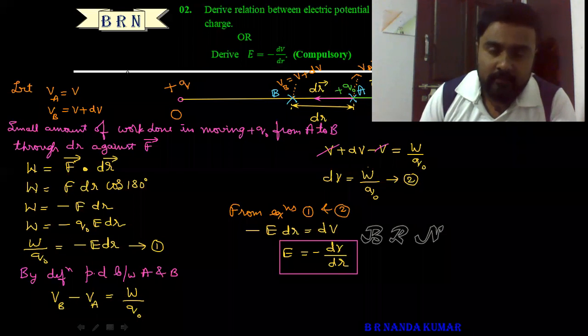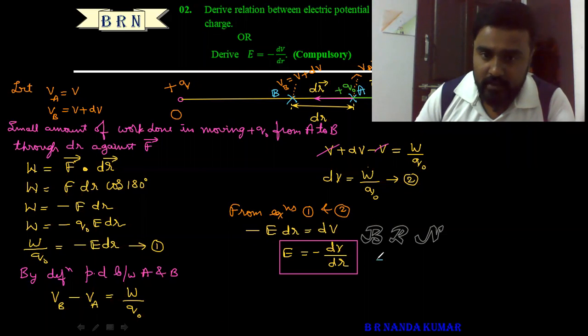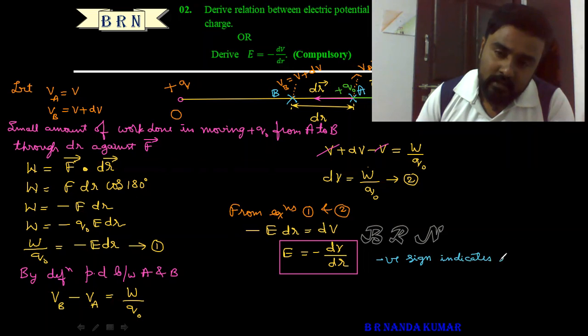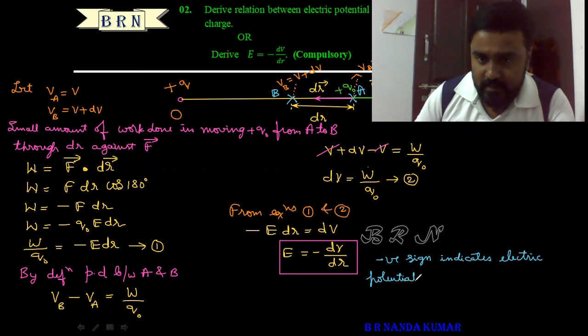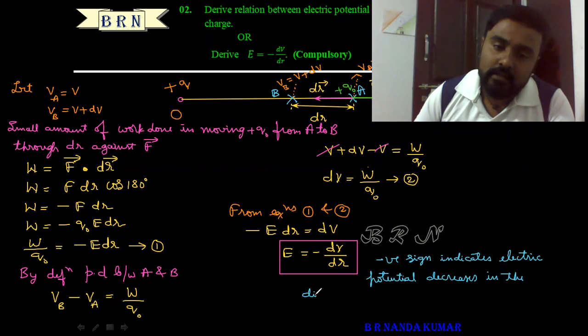What is the significance of the negative sign? That is very important here. The negative sign indicates that electric potential decreases in the direction of electric field.